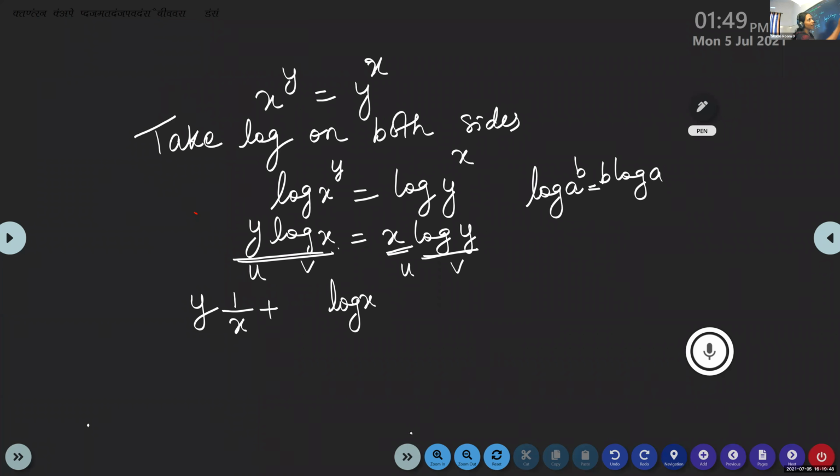What is the derivative of y? See, here it is simply y, it is not log y. If it is log y, we write 1 by y. Here it is simply y.